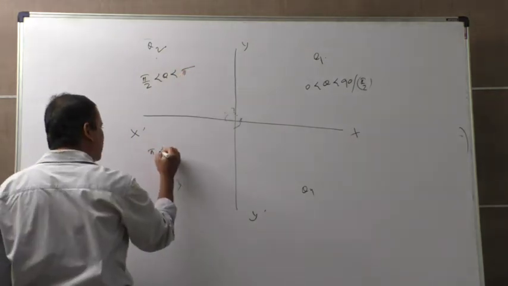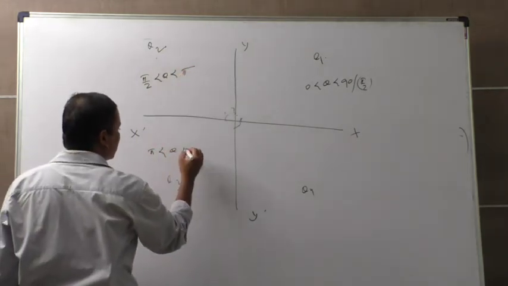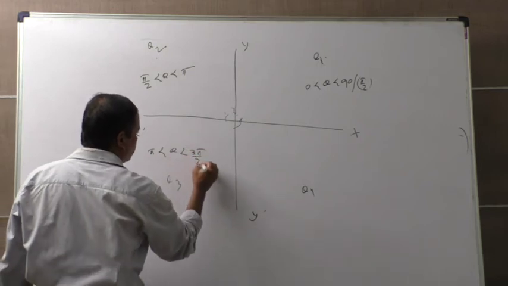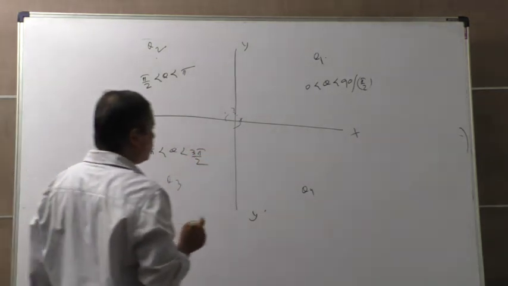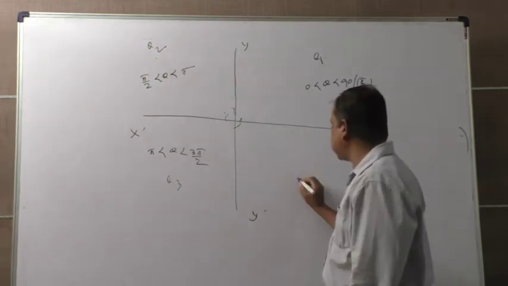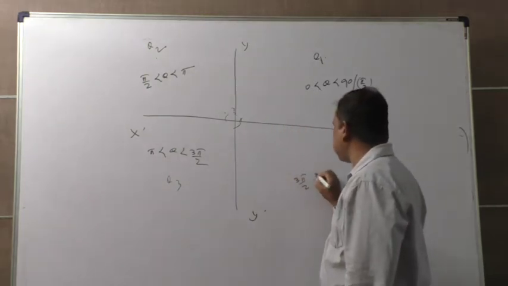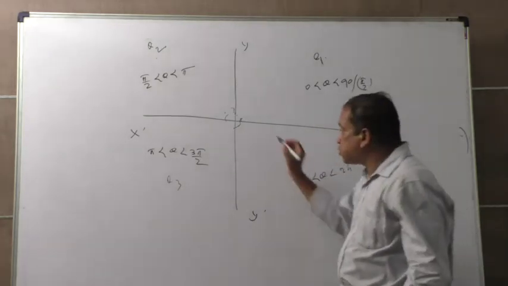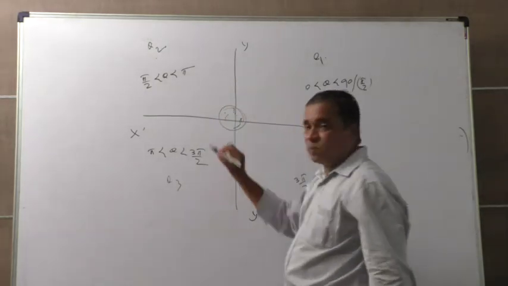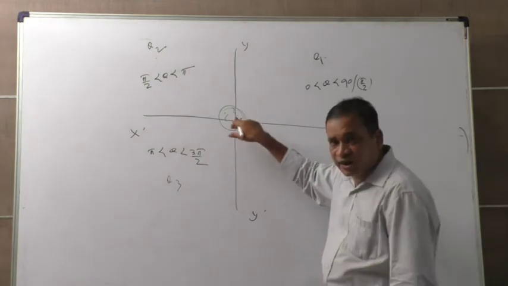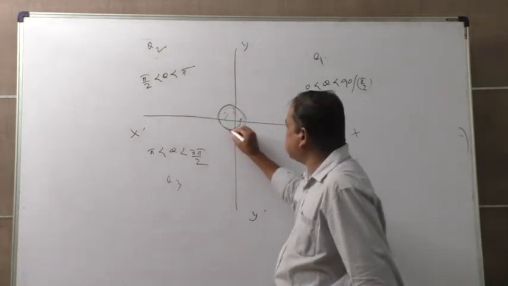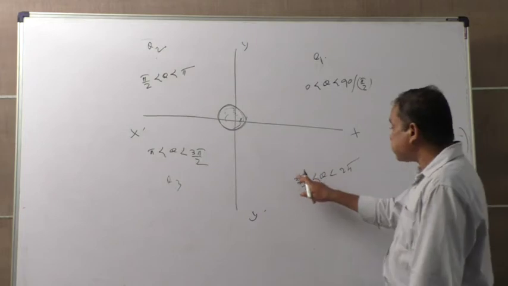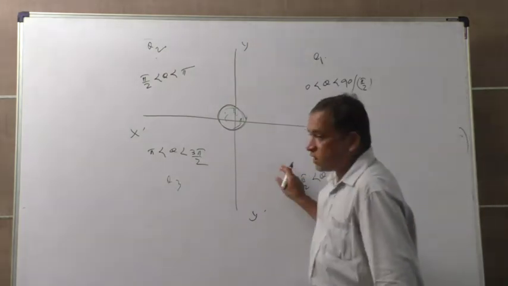Third is pi less than theta less than 3 pi by 2. And fourth lies 3 pi by 2 less than theta less than 2 pi. Total complete cycle is 2 pi, means 360 degree. If you start here, this will be 360 degree. So these are all the 4 quadrants.